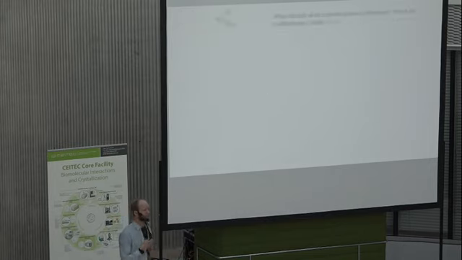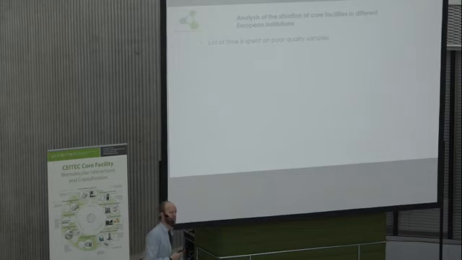First of all, the reproducibility issue or reproducibility crisis that I guess all of you have heard before. The issue is that we are in a core facility, and similar core facilities all over Europe face the same issue, that a lot of time is spent on really poor quality samples.